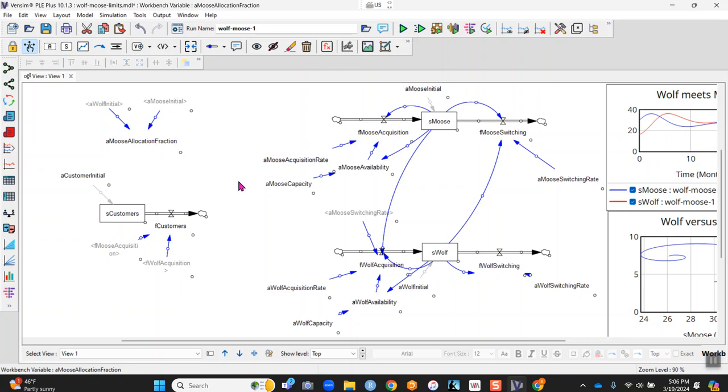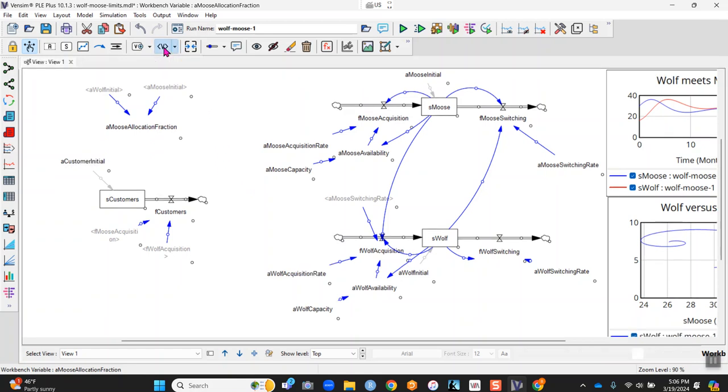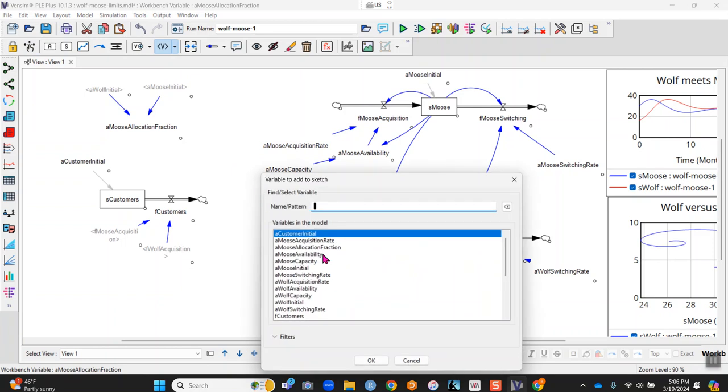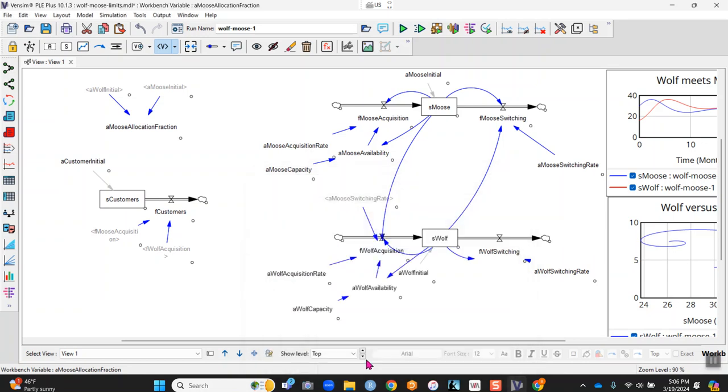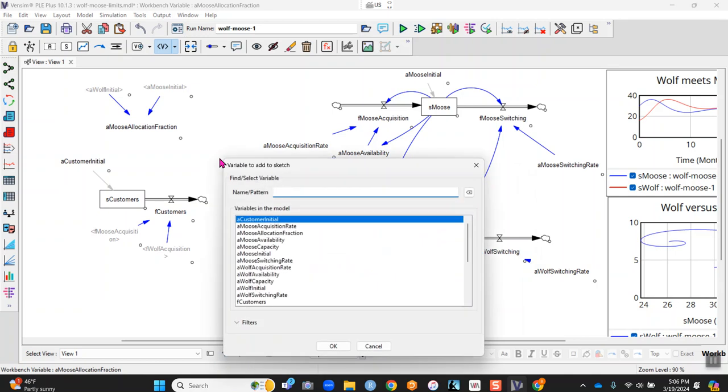So without much further ado, we need to put in the moose capacity. It will be a shadow variable using the moose allocation fraction and the customer stock.